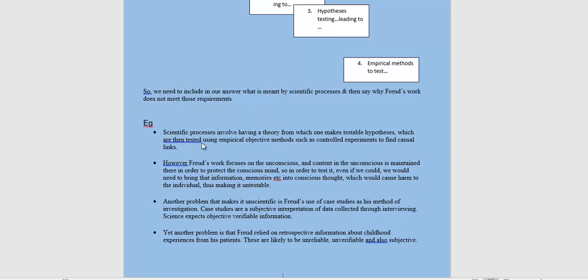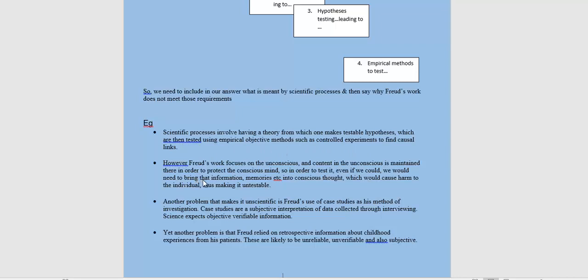So, for example, scientific processes involve having a theory from which one makes testable hypotheses. You can throw in operationalized hypotheses, which we then test using empirical, objective methods, for example controlled experiments, to find causal links. So there's plenty of information in that first bullet point.